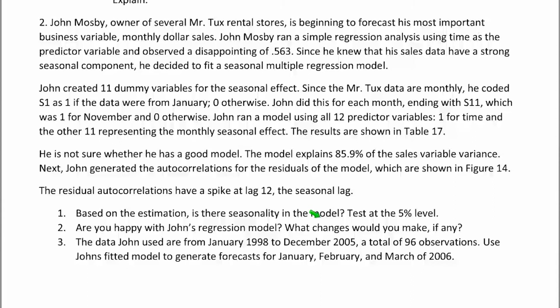Number 1, based on the estimation, is there seasonality in the model? Test at the 5% level. Number 2, are you happy with John's regression model? What changes would you make, if any? Number 3, the data John used are from January 1998 to December 2005, a total of 96 observations. Use John's fitted model to generate forecast for January, February, and March of 2006.